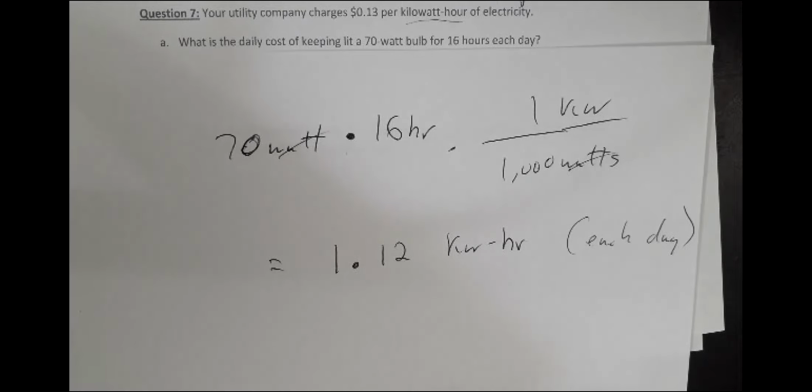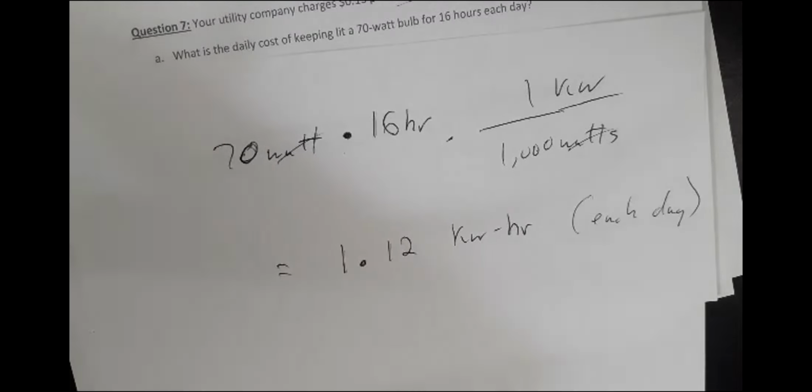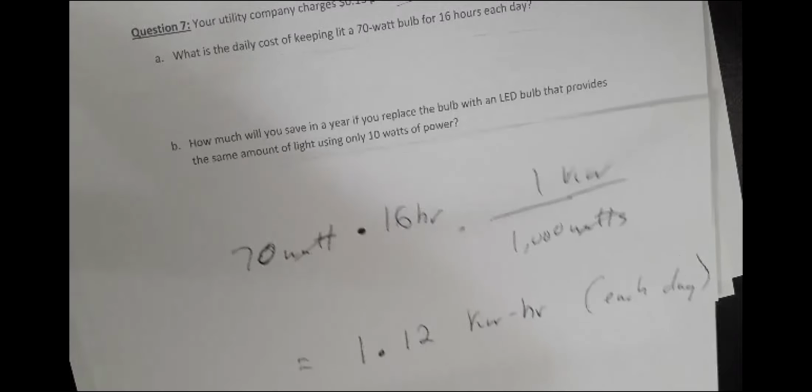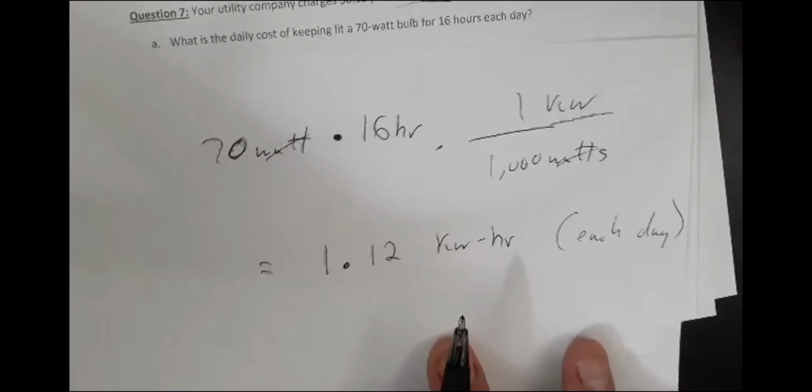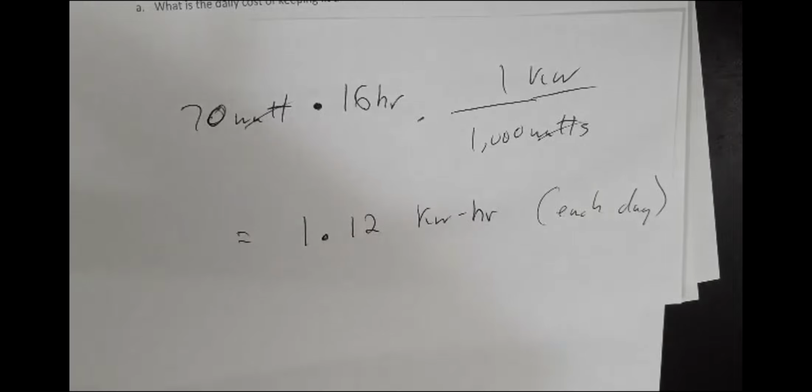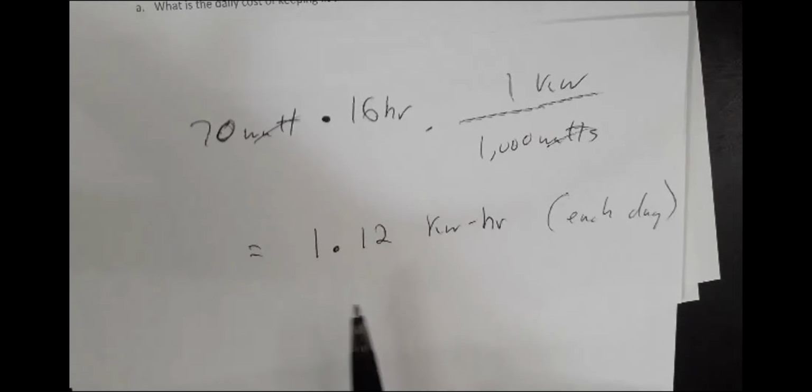So part 1, I don't think we really have to count that it's each day. Part 2, they're going to ask us something about per year. So it's going to come up a little bit later. But if we have 1.12 kilowatt hours and they charge 13 cents per kilowatt hour, how much are they going to charge us? How do you figure that out?